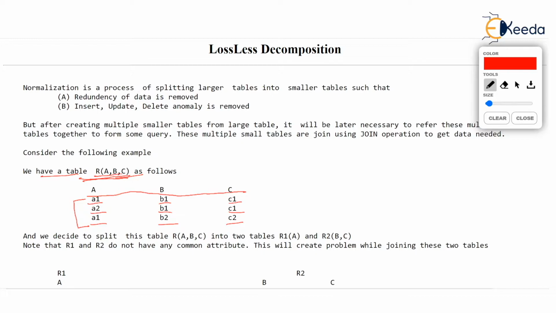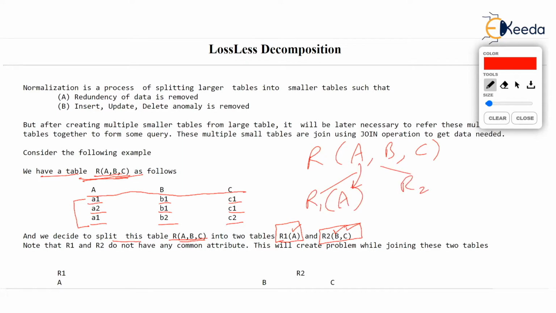And we decide that we are going to split this table R(A, B, C), a three attribute table, into two tables. The first table will be R1, which will contain only attribute A, and the other table will be R2, which will contain the remaining two attributes B and C. Now let me tell you very early that this type of decomposition, R is decomposed into R1 and R2, is wrong.